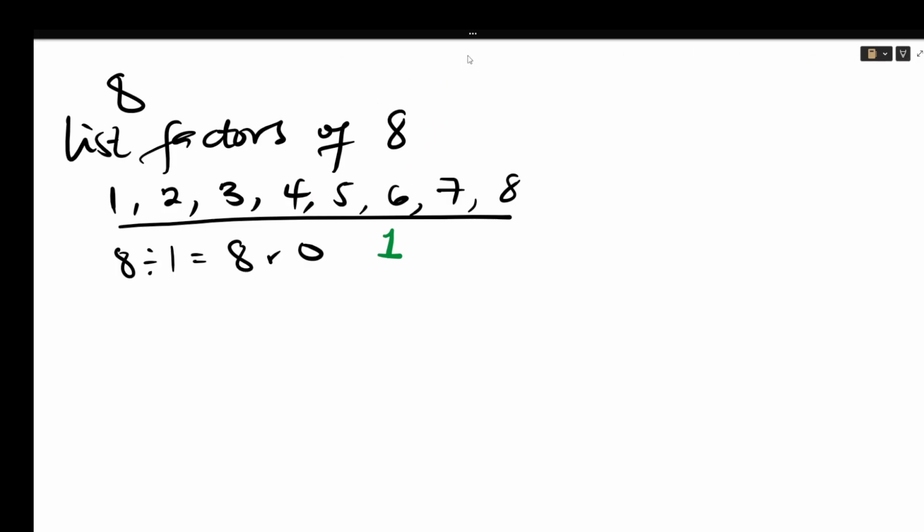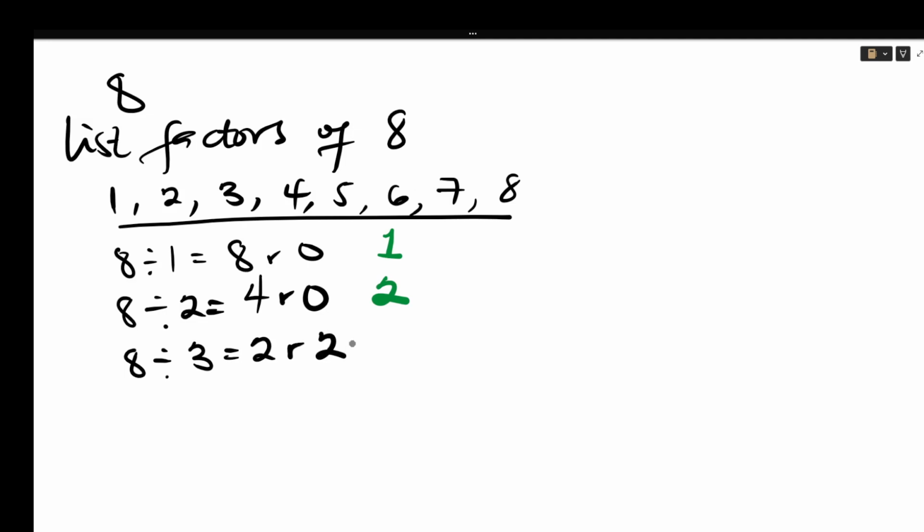Then I move on to 2. 8 divided by 2 is 4, also leaving no remainder, so 2 is also part of my factors. We move on to 3. 8 divided by 3 is 2, remainder 2. We have a remainder, so 3 can't be considered as a factor of 8.